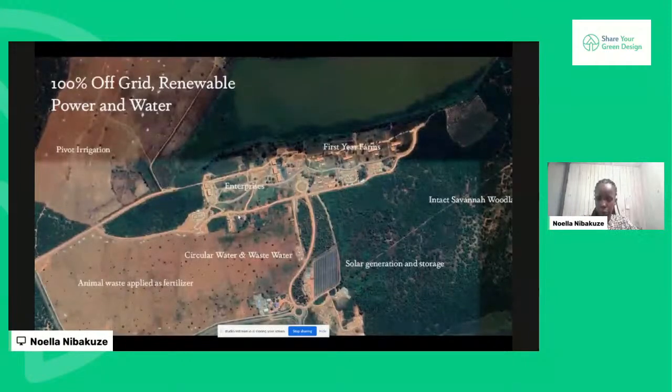When it came to operation, Rika campus is 100% off-grid, with renewable power and water. We use lake water for all our water consumption on the campus. It's filtered and reused for everything. And we use solar power to power the whole campus. Obviously, in Rwanda we have a good climate.